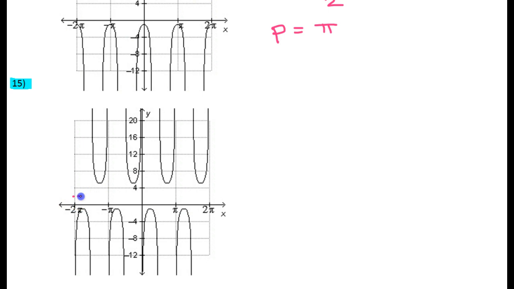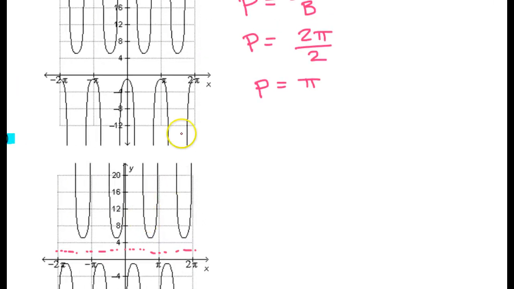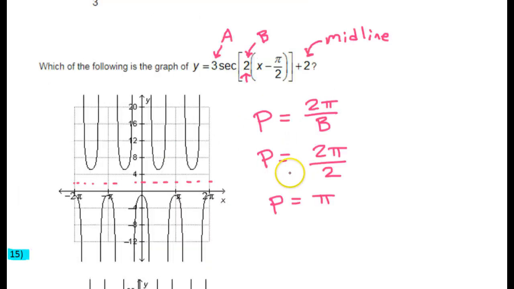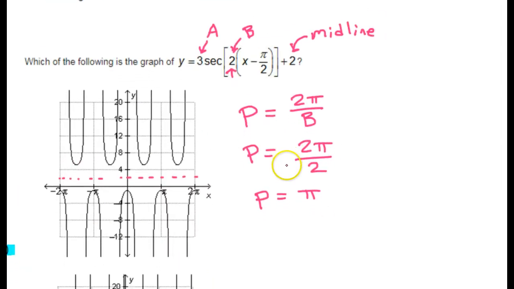So this should be the midline right in here. That's a really crooked line, but that should be the midline, and this should be the midline right here. I don't think that helps us eliminate anything. Both of those look accurate. So what does that leave?